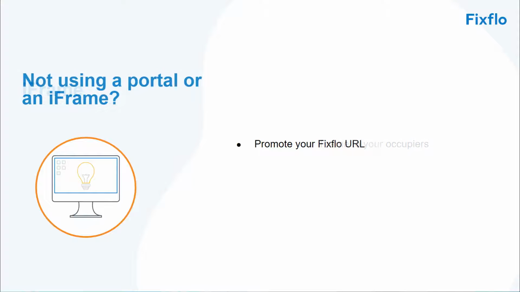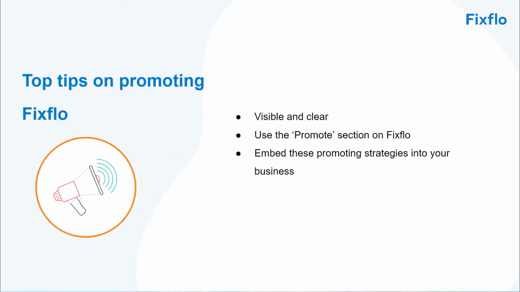If you are not using an iframe or a portal, then you will need to be promoting your Fixflo URL out to your occupiers. Whichever option you have, it's important to have this visible and clear to your occupiers to help ensure that this is how they report issues, rather than calling or emailing you. It really will save you and your team time.